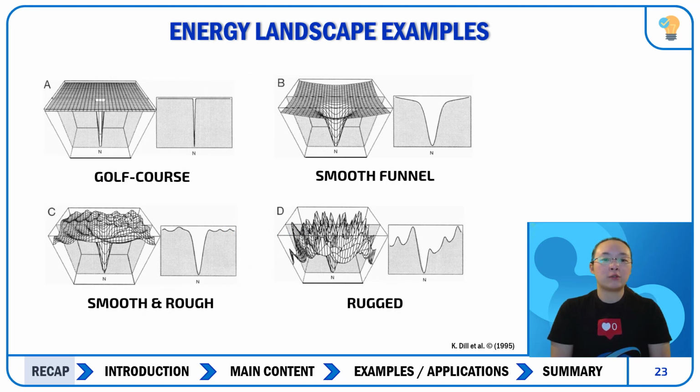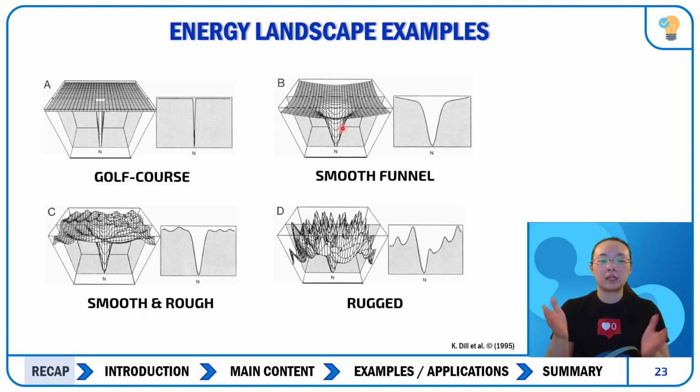Next, we have your energy landscapes. Out of the 4 of those, remember we said the golf course model was the worst model because it means for a protein to find its proper folding configuration, it'd have to test out all of these different conformations equally at random until it hits the perfect one with the lowest energy. Usually you want an energy landscape that's either smooth and rough, or just smooth.